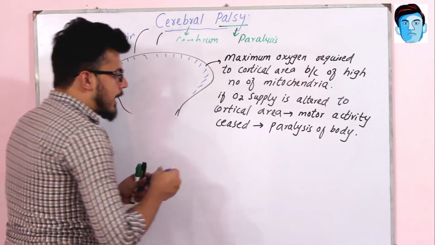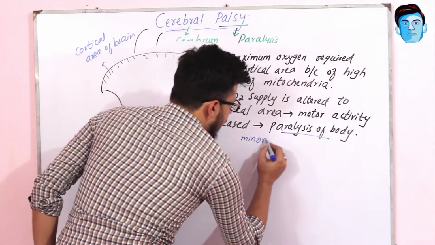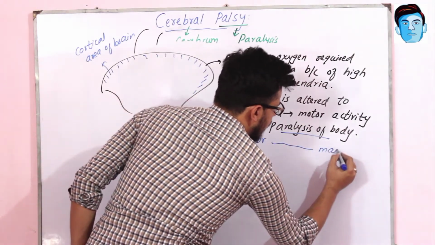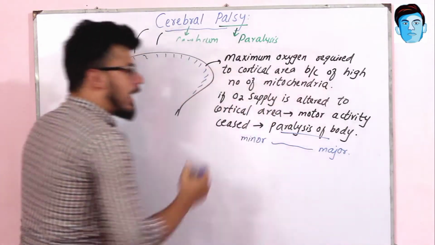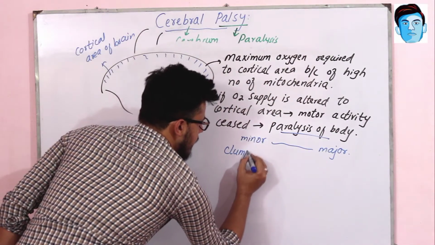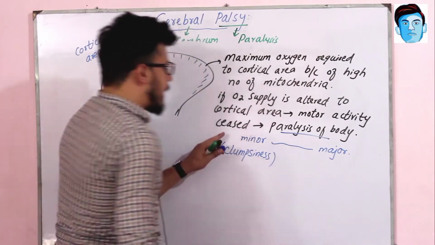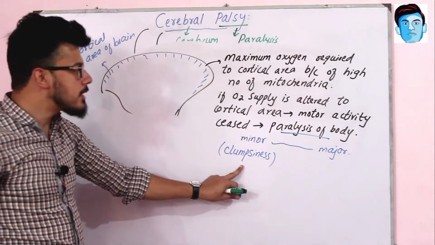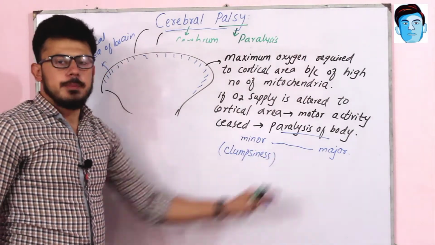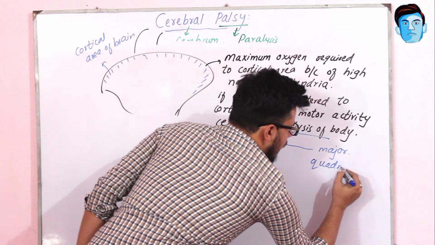The minor paralysis is called clumsiness, while it may lead to major paralysis, like in a condition of quadriplegia.